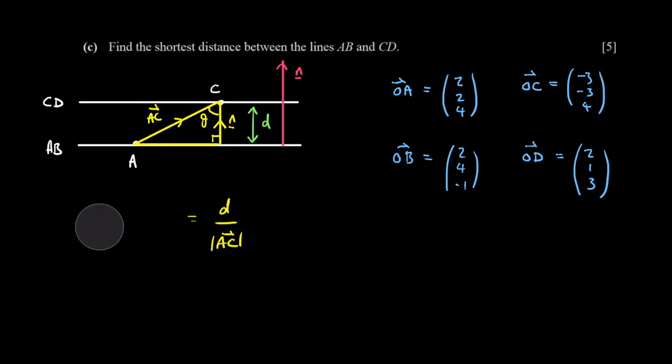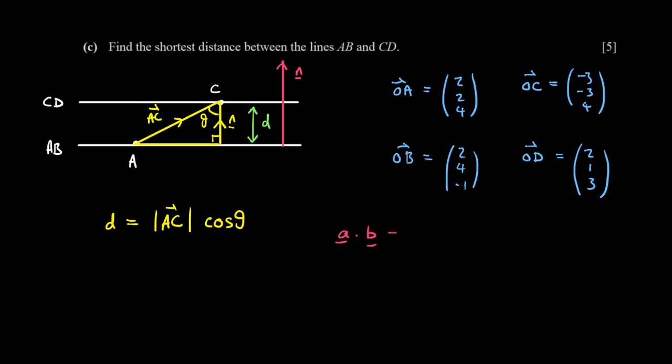And of course, I can rewrite that and say that D is equal to the magnitude of AC times the cosine of the angle theta. Now, wait a minute. This looks a little bit similar to the scalar product, right? It looks quite similar to this: A dot B is equal to the magnitude of A times the magnitude of B times the cosine of the angle between the two vectors.